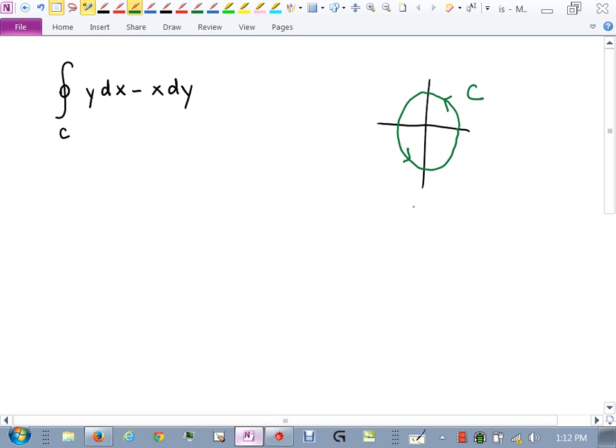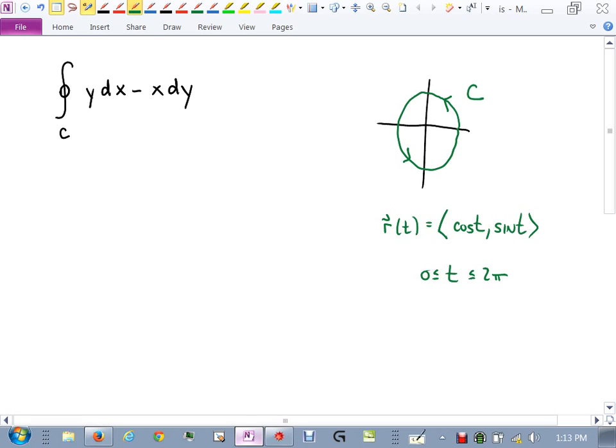So that means that I need to come up with the parametric representation of this. I could say r of t equals cosine t, sine t, with t between 0 and 2 pi, right? That'll give me one revolution.